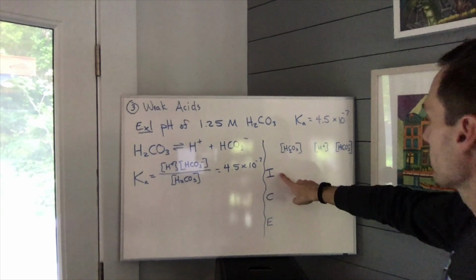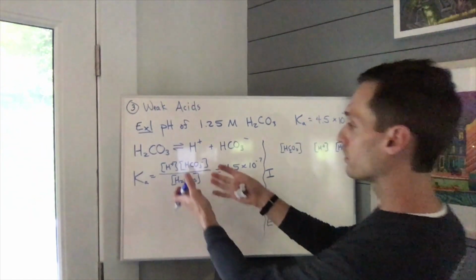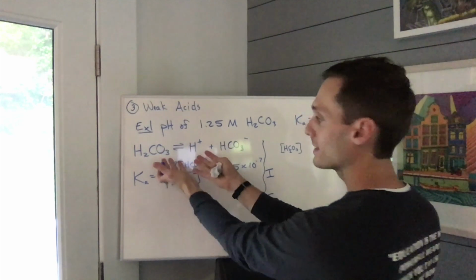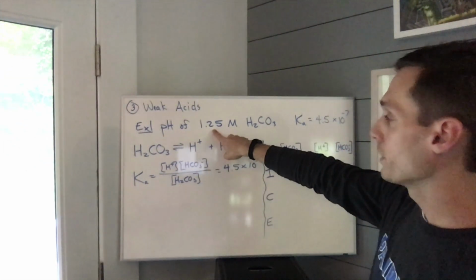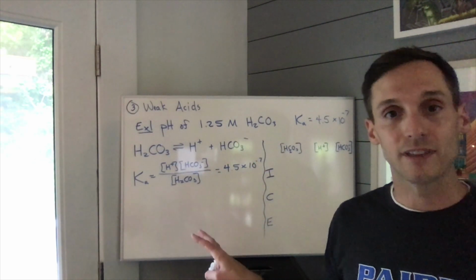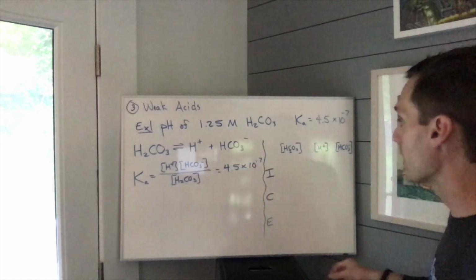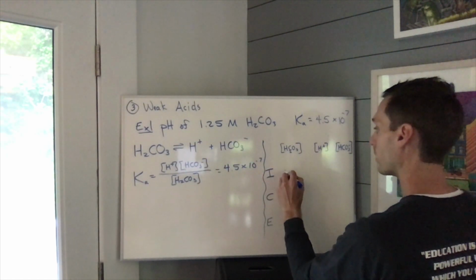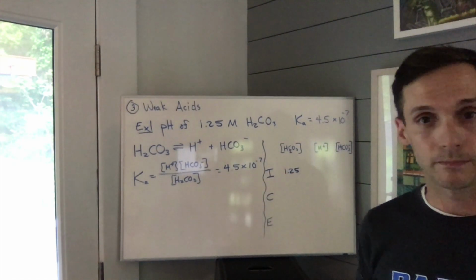Okay, so let's fill in the first row for initial. Again, the initial means before we let any of this reaction occur. So we have 1.25 molar H2CO3. We have not let any of that split off into H plus and HCO3 minus. So our molarity of our original acid will be 1.25 molar, okay?